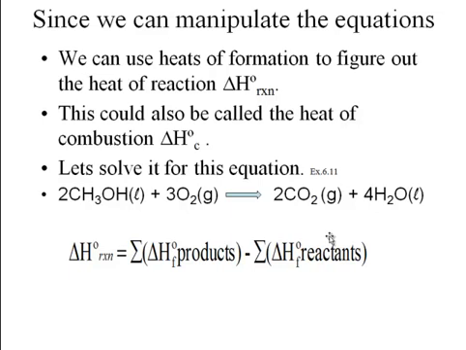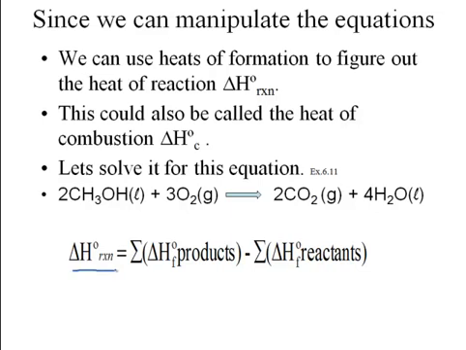We'd have a pretty high percentage error. So what we could do is go back to page A21 in our appendix, and get the values for the heat of formation of methanol and oxygen and carbon dioxide and water and figure it out.